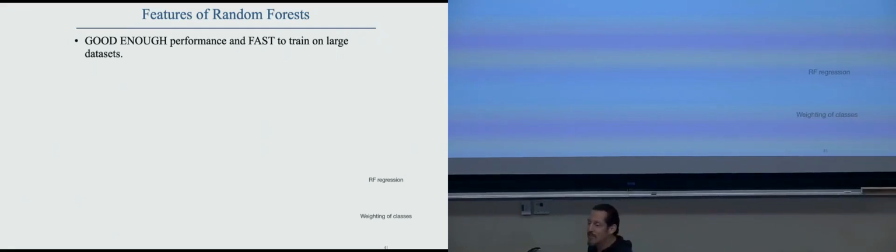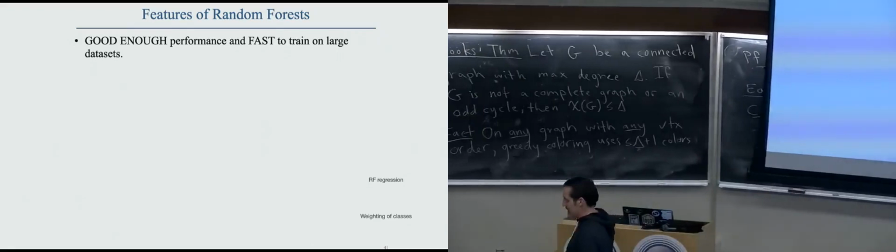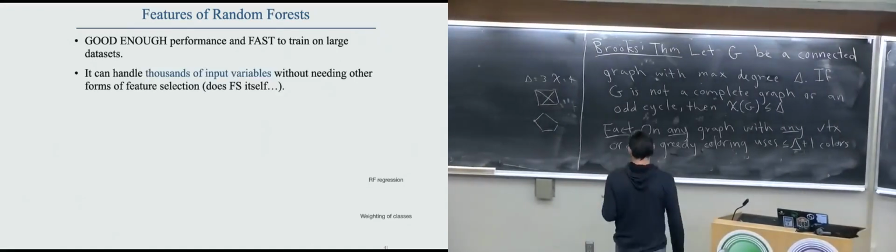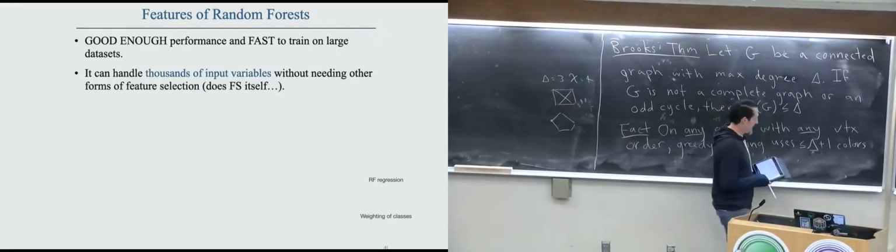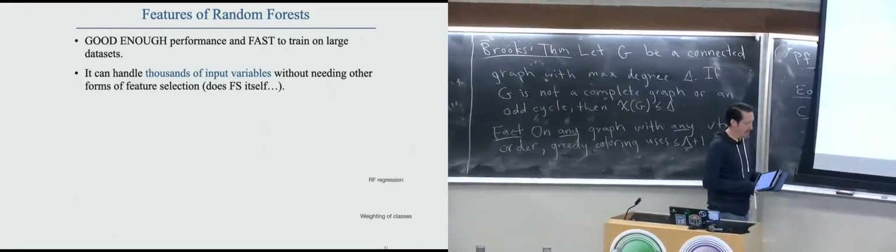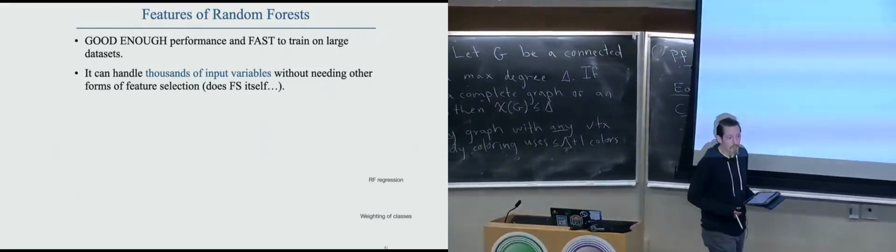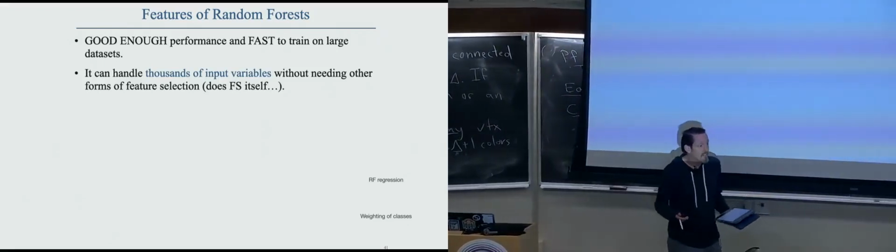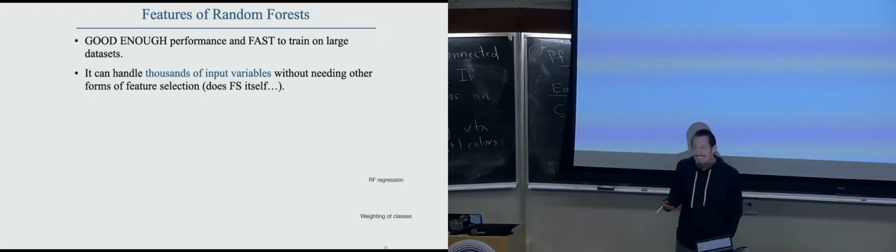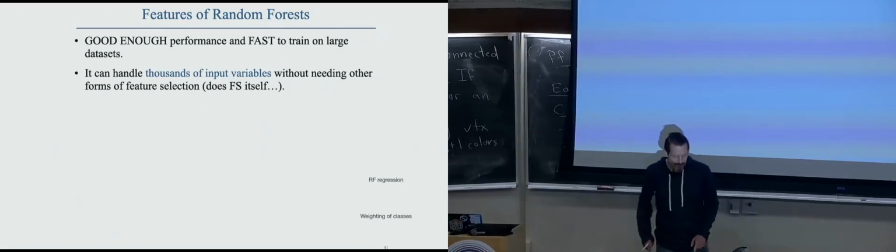That's good enough, right? That's good enough to at least see what's going on and see how predictable this data is and know that you've got a reasonable baseline. Okay. So it can handle thousands of input variables because the subsetting is a kind of feature selection, right? So that's good.